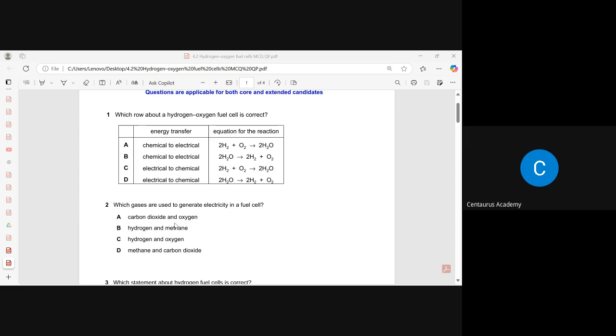What is the answer for the first one? Which row about the hydrogen oxygen fuel cell is correct? Is it A, B, C, or D?